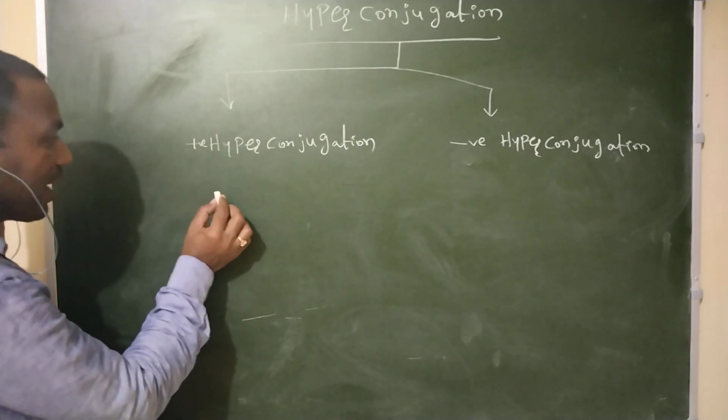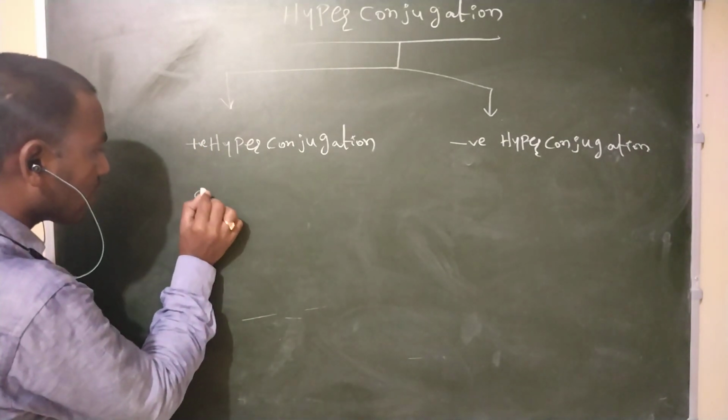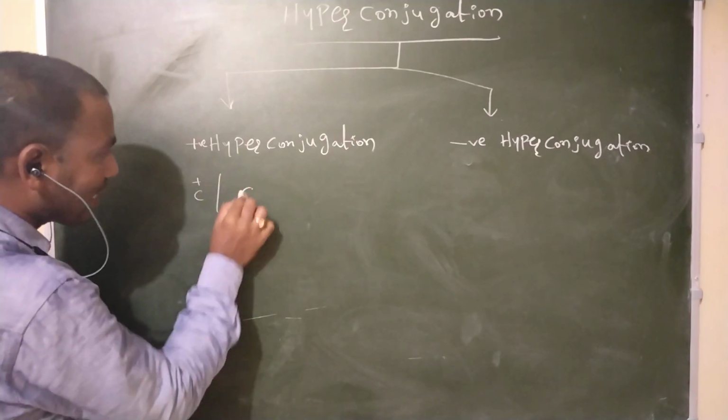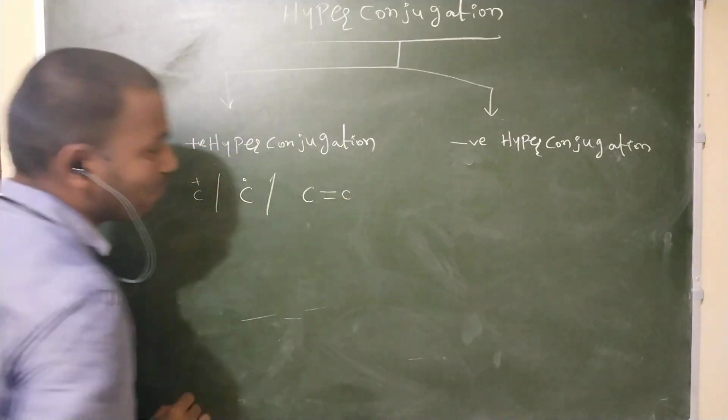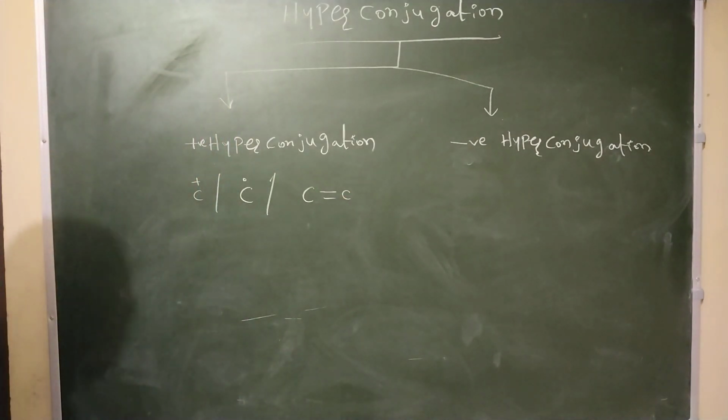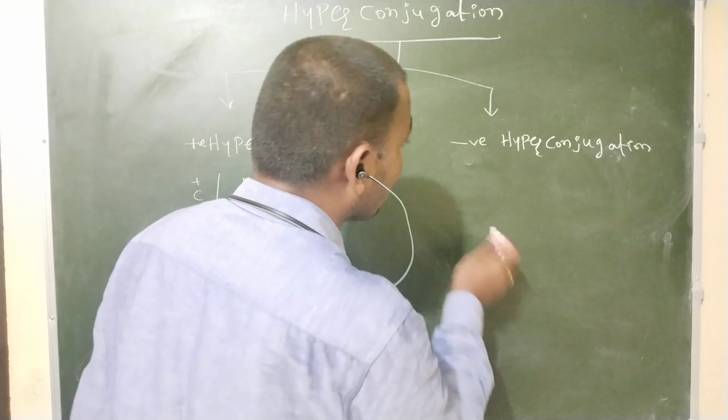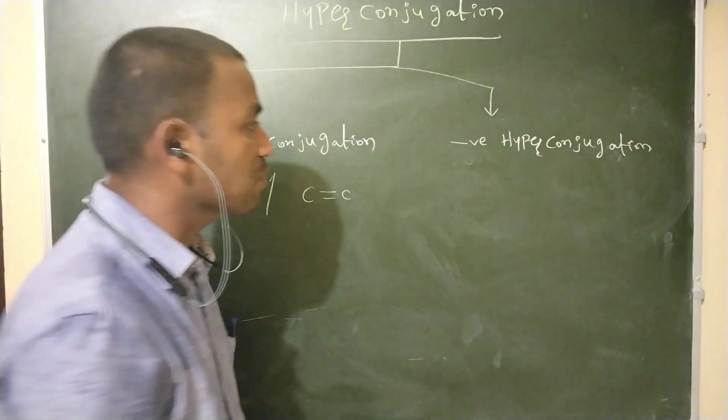Positive hyperconjugation I already discussed. This is actually observed for carbocation, carbon free radical, and also for double bonds. But in negative hyperconjugation we can observe here.